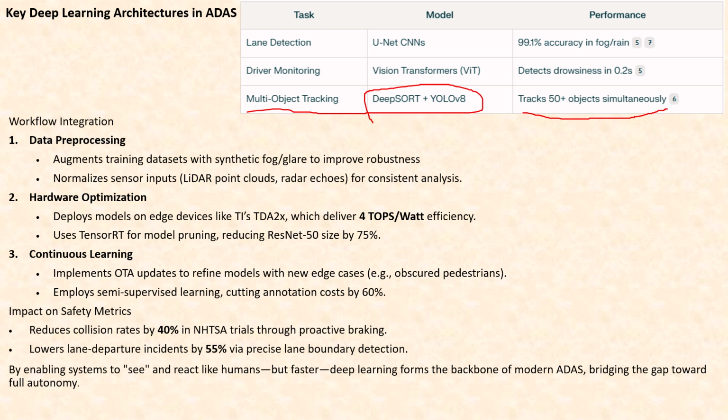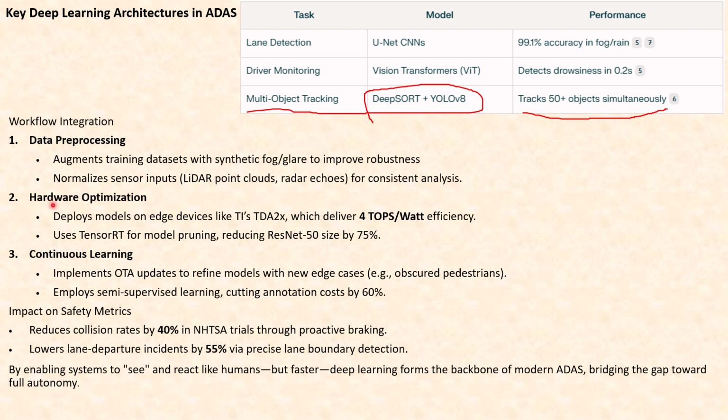Now, when it comes to workflow integration, well, first is data processing. It augments training datasets with synthetic fog layers to improve robustness, and it normalizes sensor inputs like radar, LiDAR point clouds, and radar echoes for consistent analysis.